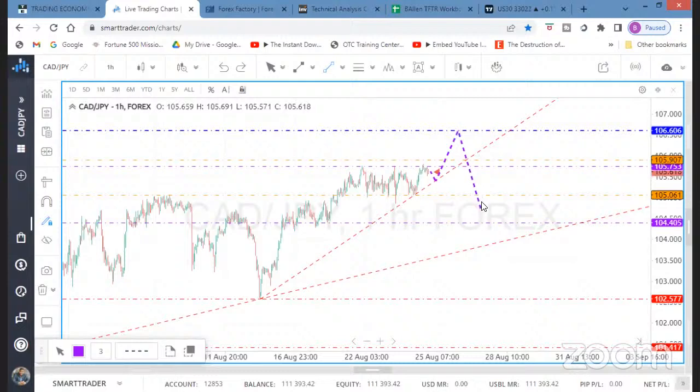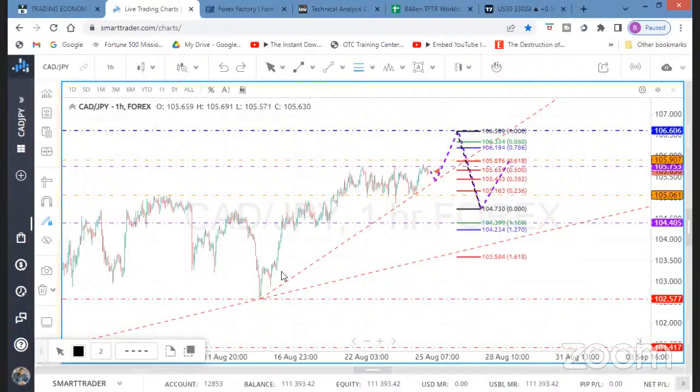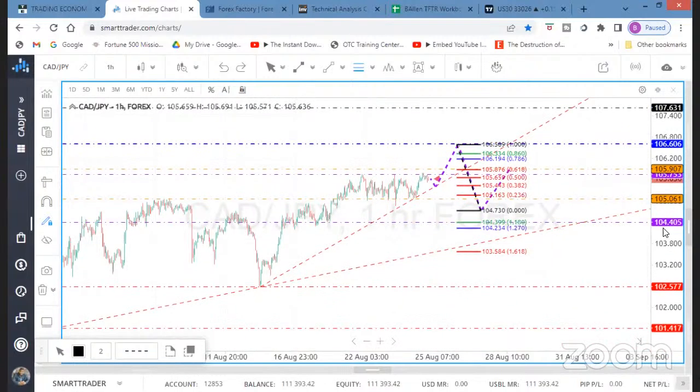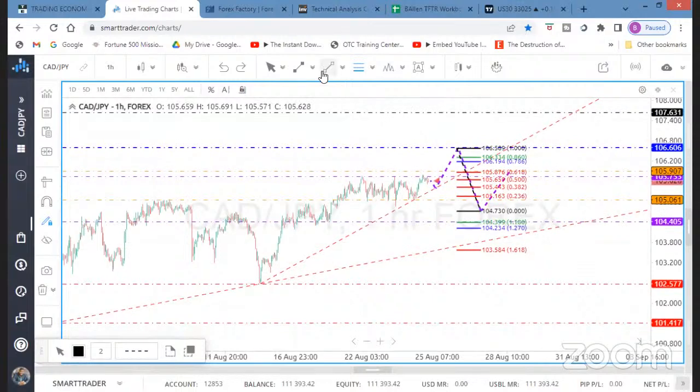And then I'll run my fibs in a downward direction, knowing where I am on the daily, knowing that I have an AB Fibonacci on the daily. We're sitting at some highs. We're in an 80-20 scenario on the daily. We're caught in a range. So this is what I'm looking for, looking for price to react. Then I'll deploy my fibs to the downside because I'm looking for a larger correction. Okay.